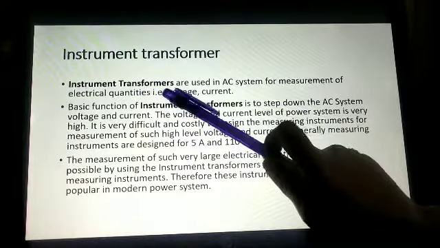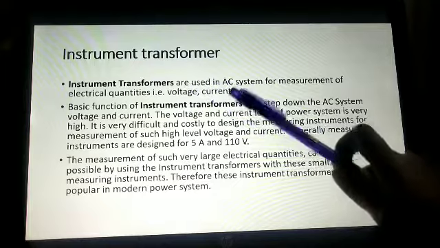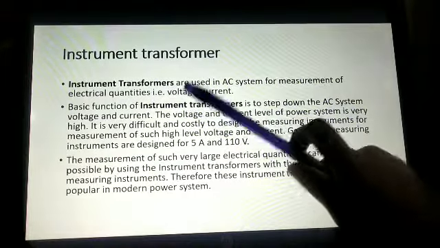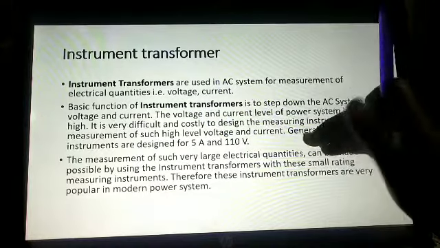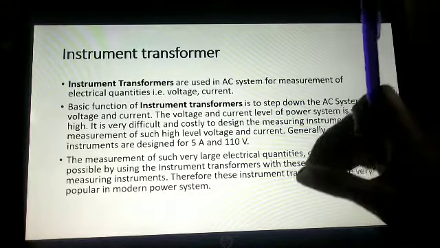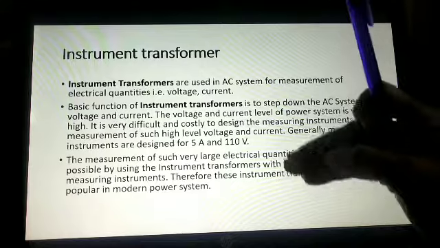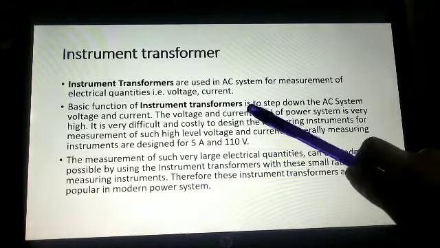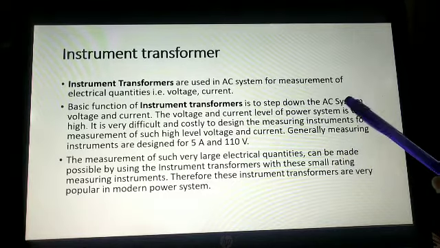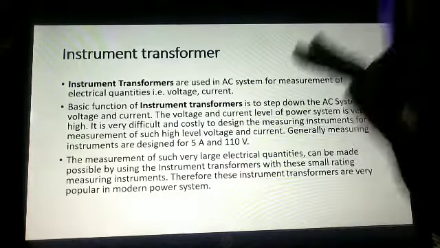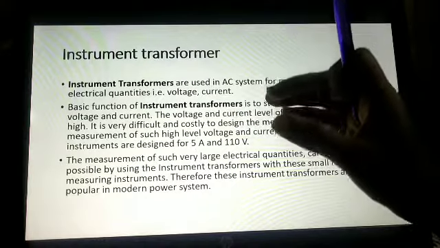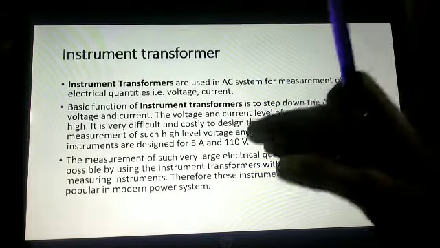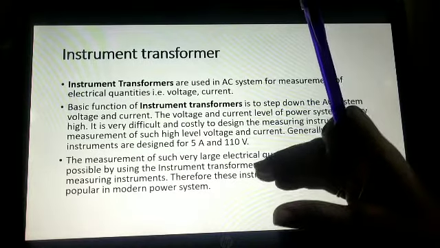Instrument transformers are used in AC system for measurement of electrical quantities, that is voltage and current. So why do we require instrument transformer? To measure the electrical quantities, voltage and current. The basic function of instrument transformer is to step down the AC system voltage and current. As I told you, our normal ammeter and voltmeter measure voltage and current of small quantities.